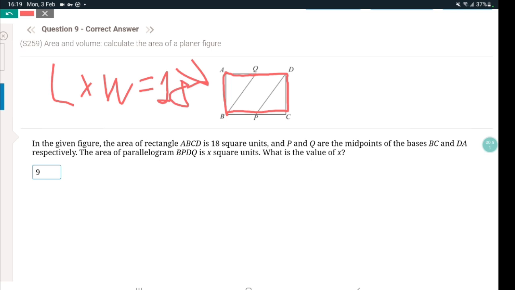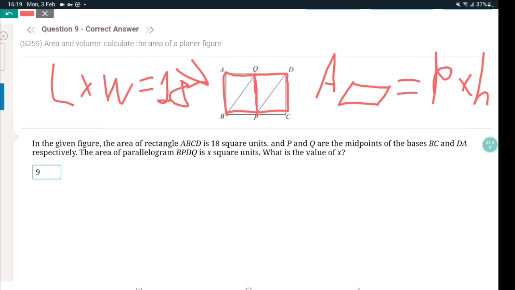Now, to find the area of the parallelogram, we know that the area of the parallelogram is equal to base times height. The height of the parallelogram is this, P to Q, and we know it's the same as the width, which is AB or DC.